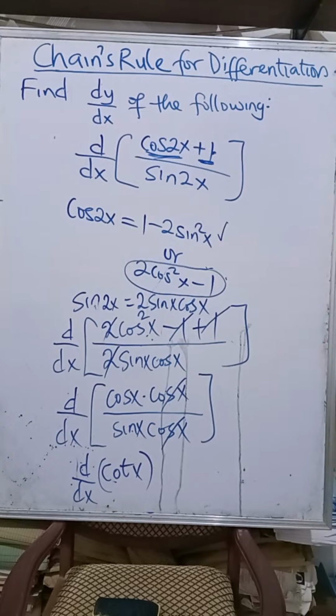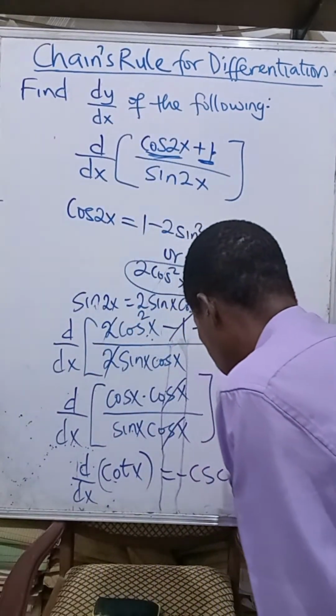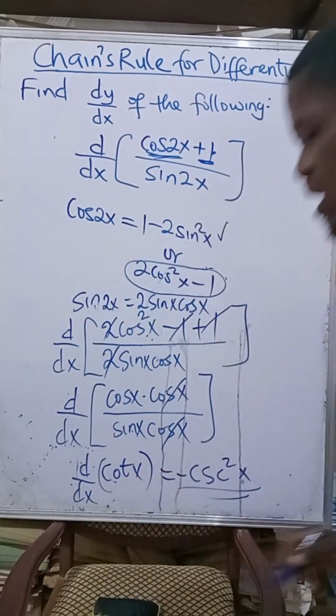Most exams always provide the formula sheets for you to use. So the derivative of cot x is minus cosec square x, and that finishes the answer.